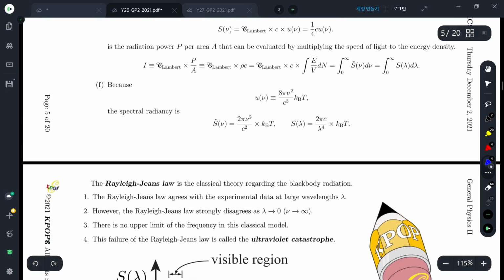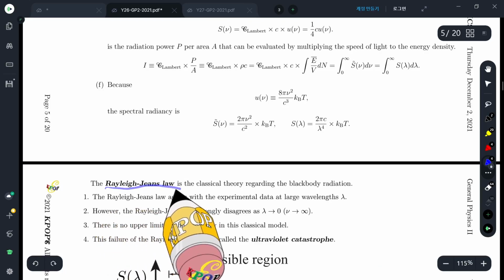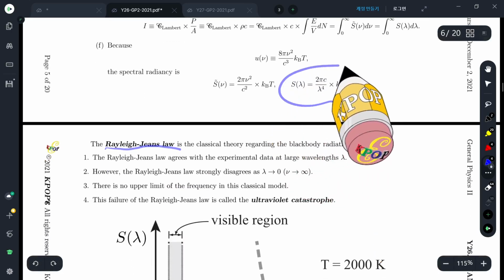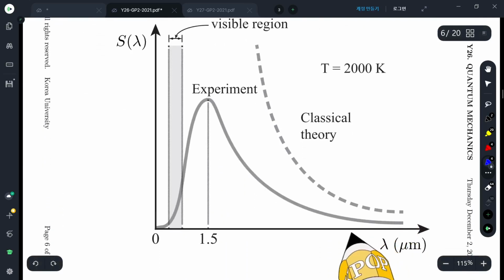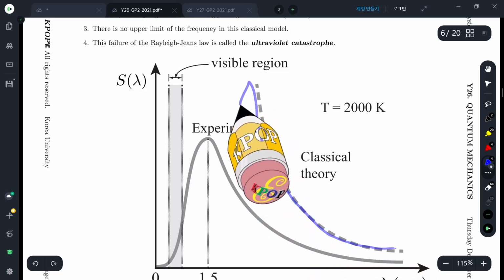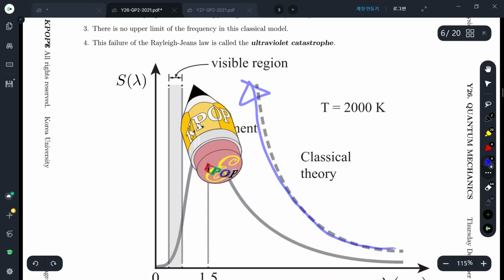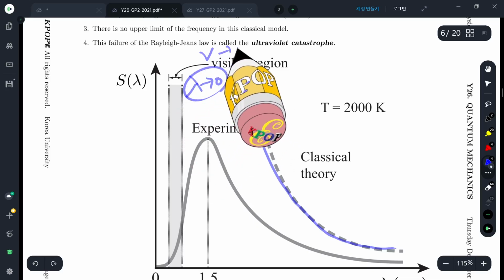We end up with the spectral radiancy that is called the Rayleigh-Jeans law. Unfortunately, this is most important. This spectral radiancy, in terms of wavelength, in classical theories, the Rayleigh-Jeans law diverges for very small lambda. Lambda goes to zero, which means nu goes to infinity.